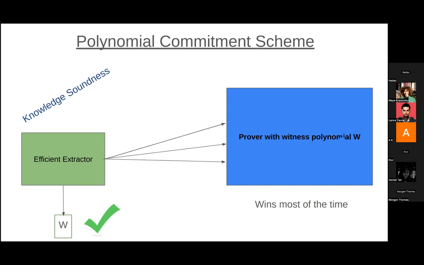even without having a satisfying polynomial. And so we have this extra property, which is formalized by saying that we have some efficient computer program, the efficient extractor, that has black box access to a prover with the same witness, and it can query it any number of times. And as long as the prover wins most of the time, then we can extract the polynomial.